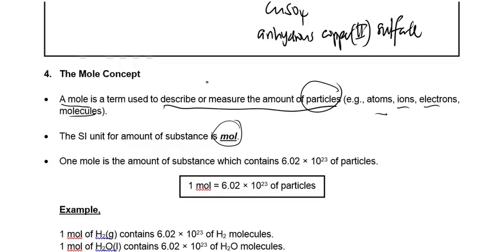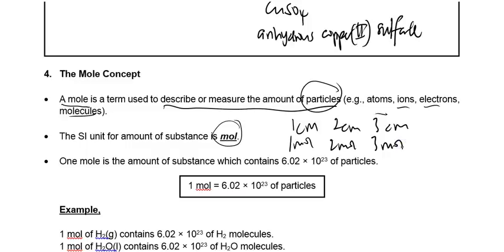Let's say, how do we measure distance? We can measure it with centimeters: 1 centimeter, 2 centimeters, 3 centimeters. So what is the distance you have traveled? Maybe 3 centimeters. Likewise, what is the number of moles present in a substance? It can be 1 mole, 2 moles, or 3 moles.